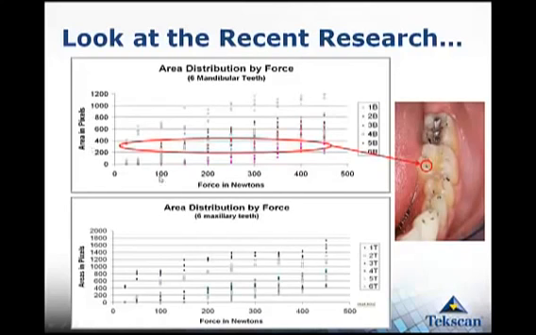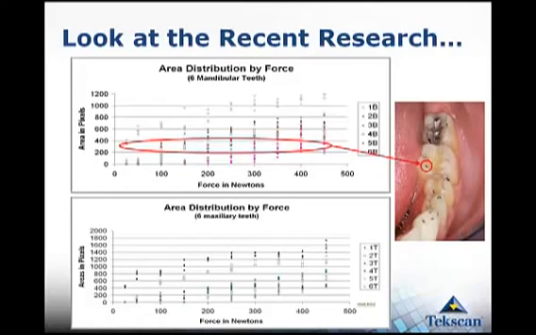I chose between 200 and 400 newtons, and I wanted to see if we could conclude that the size of the mark means a certain amount of force. If you look at this, it's all across the board. The same mark size might be 100 newtons. The same mark size might be 400 newtons. You don't really know by just looking at paper itself.